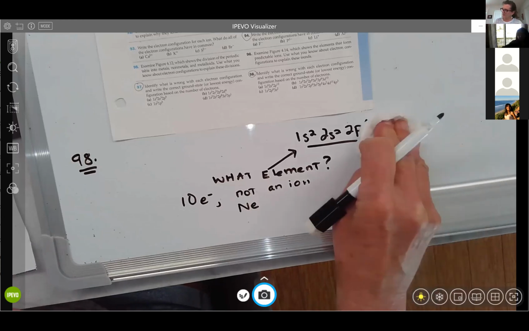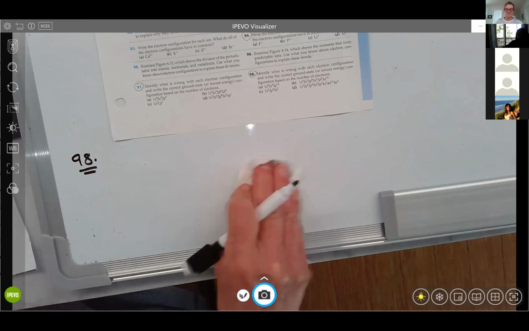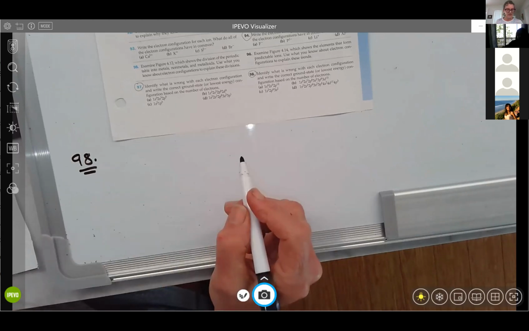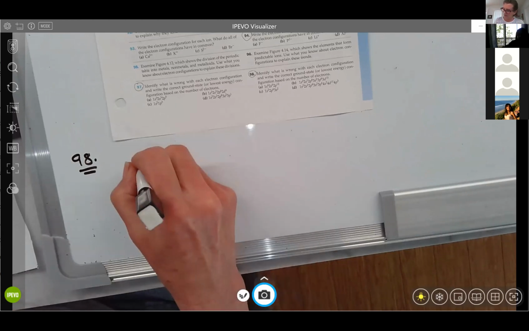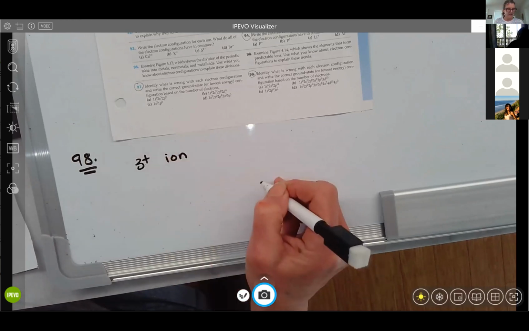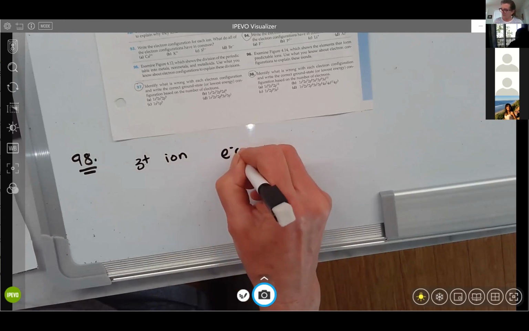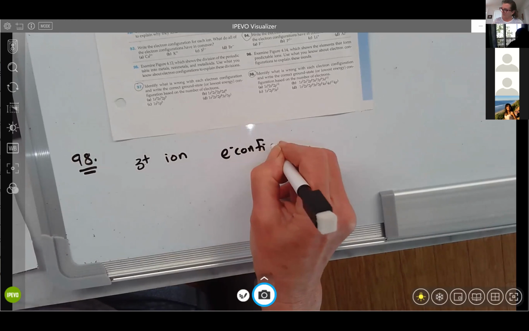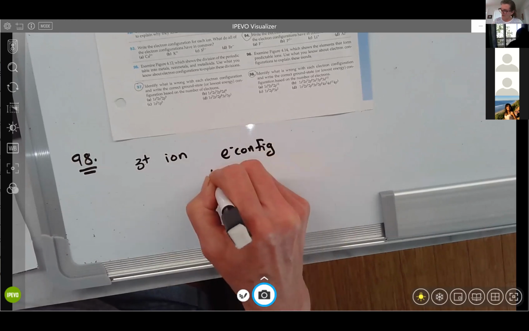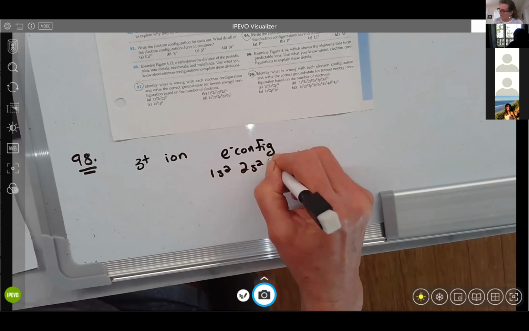Okay, let me ask another question. Let's imagine we have something that is a 3+ ion, and it has the electron configuration of 1s2, 2s2, 2p6.